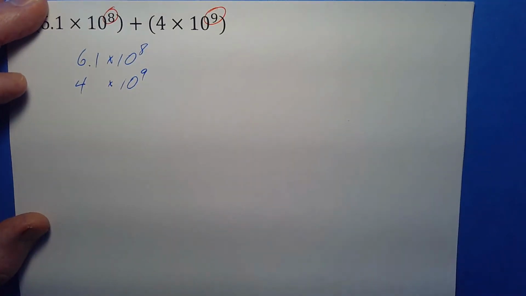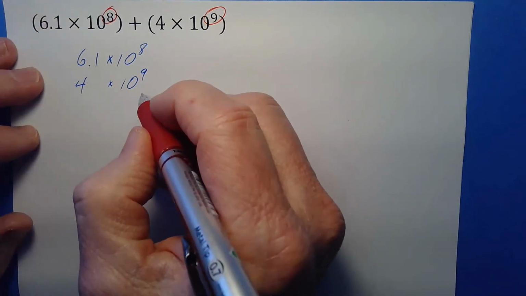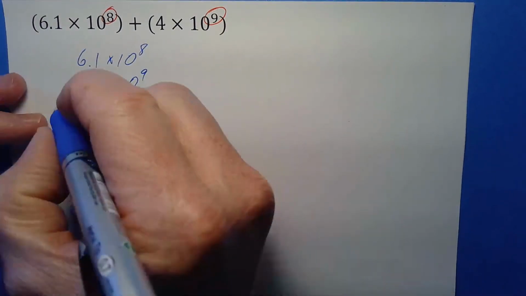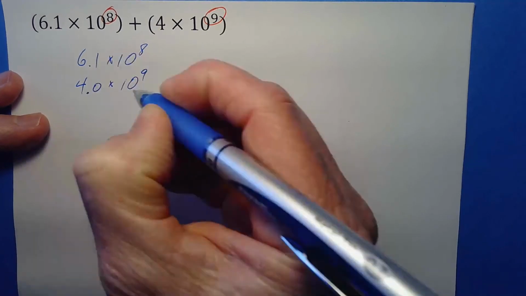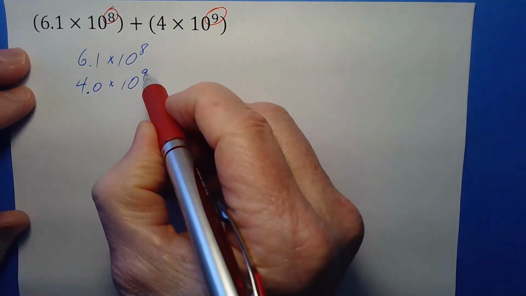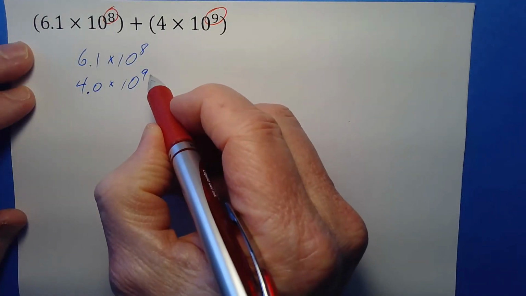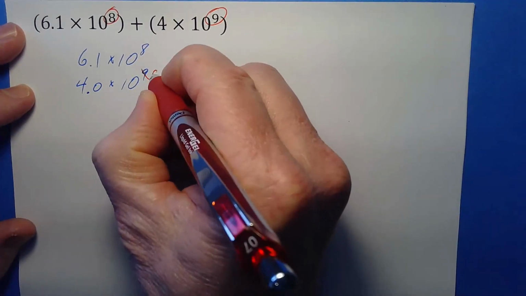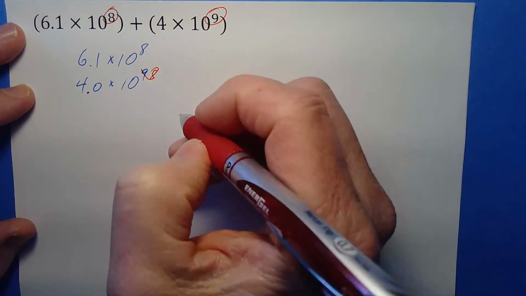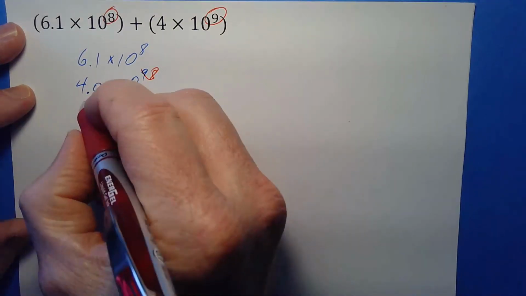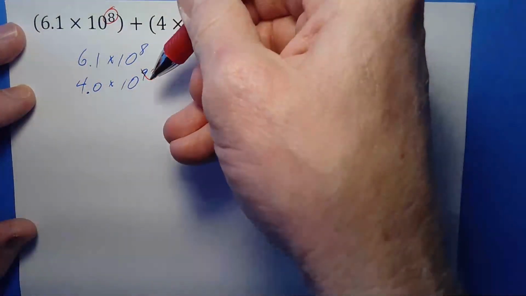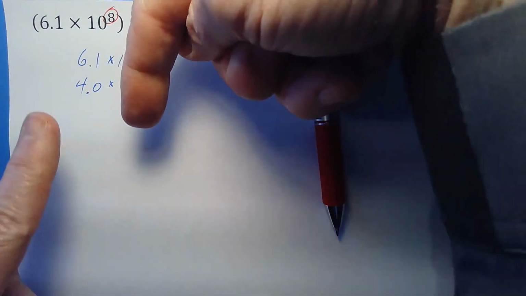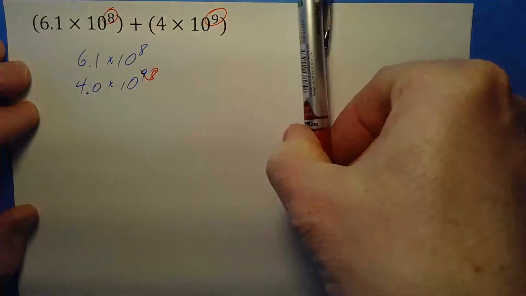If I could turn this 9 into an 8, now we've got the same exponent, but I can't just do that on my own. The exponent got smaller, so the coefficient needs to get bigger. They go in opposite directions.